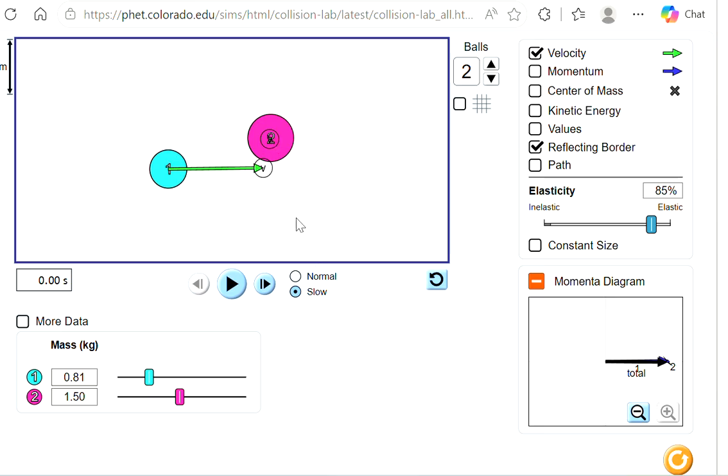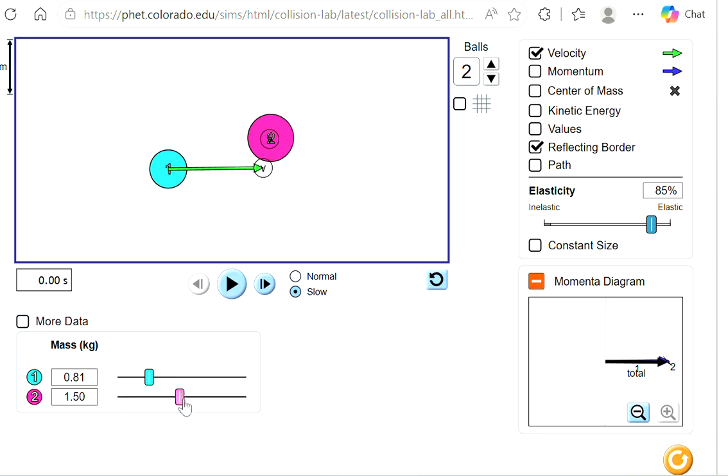So we have an example here. I would strongly advise you to go to this site. There are a lot of simulations that will be very helpful for you. I have object 2, sphere 2, initially at rest. Sphere 1 is going to be moving towards sphere 2 and collide with it.